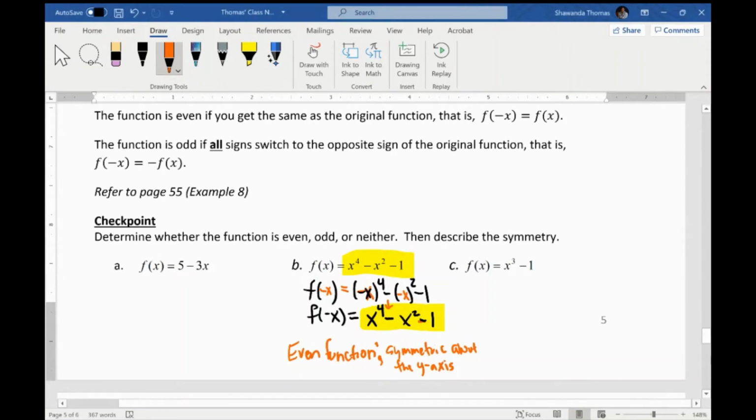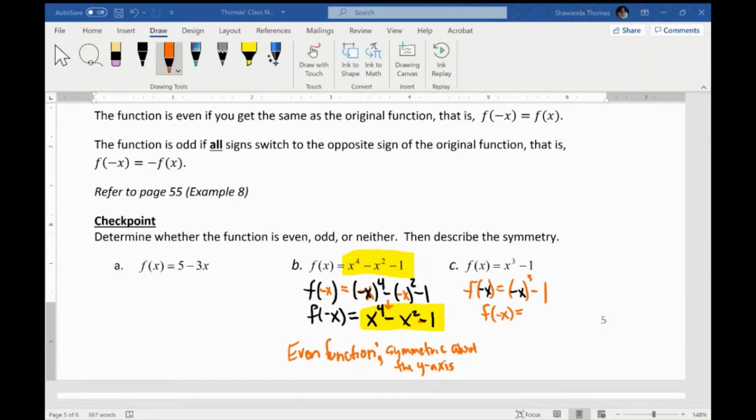All right, so f of something equals something cubed minus 1. So we have negative x. F of negative x equals negative x cubed. What is that?